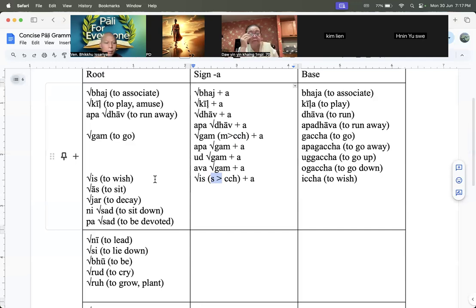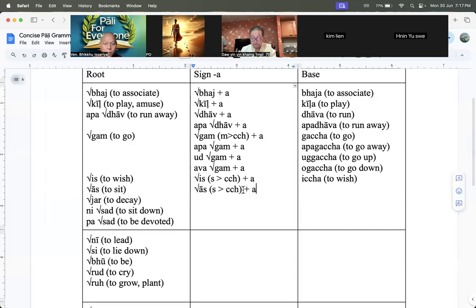And then now another verb. So root as. Root as. Here also this s changes to ccha.